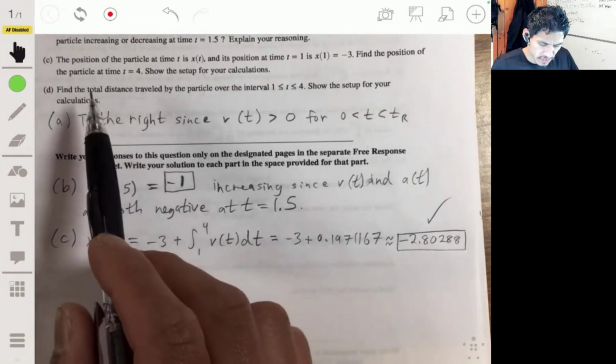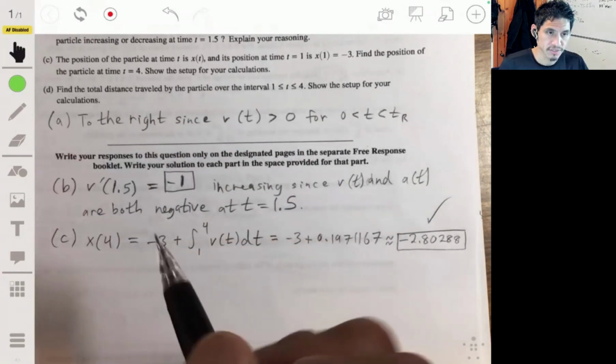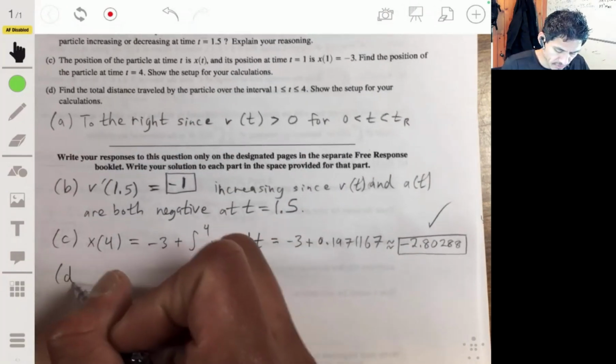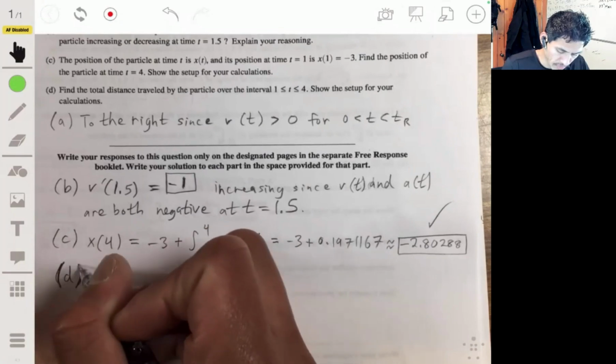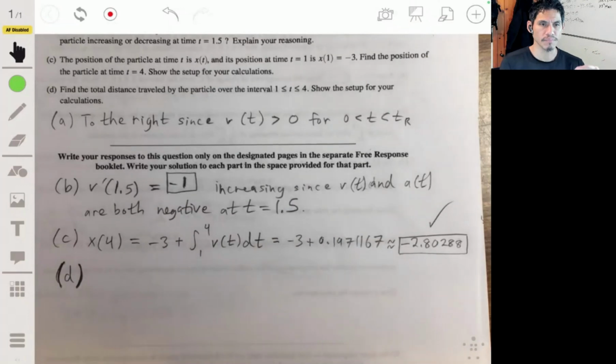Now, last one. Find the total distance traveled by the particle over the interval from 1 to 4. Show the setup for your calculations. Okay, so for this, you have to make sure you are careful to not just integrate, because when you integrate, that will just give you the displacement over some interval.